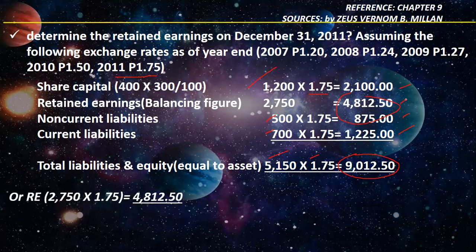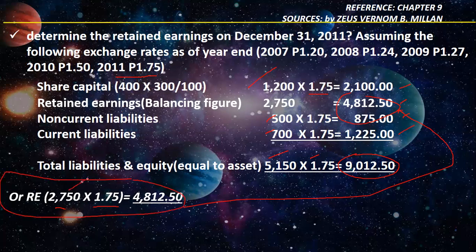Same computation, but directly: since we already computed the retained earnings in the prior question, we can immediately multiply the 2,750 by the 1.75 exchange rate, which equals the balancing figure. This is the easiest, class.